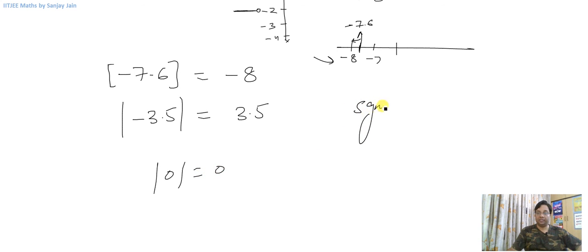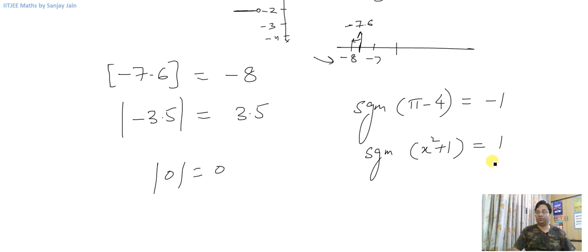If I ask you signum of pi minus 4, what will it be? It will be equal to minus 1. What will be signum of x squared plus 1? It will be equal to 1. Why?